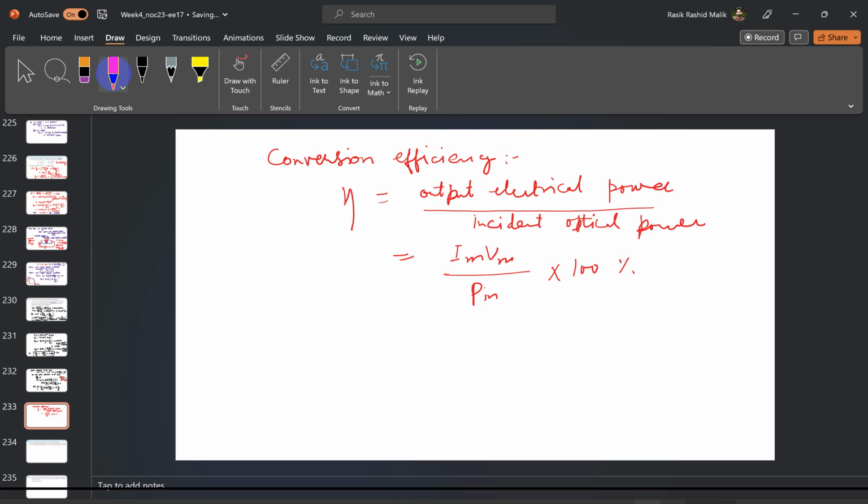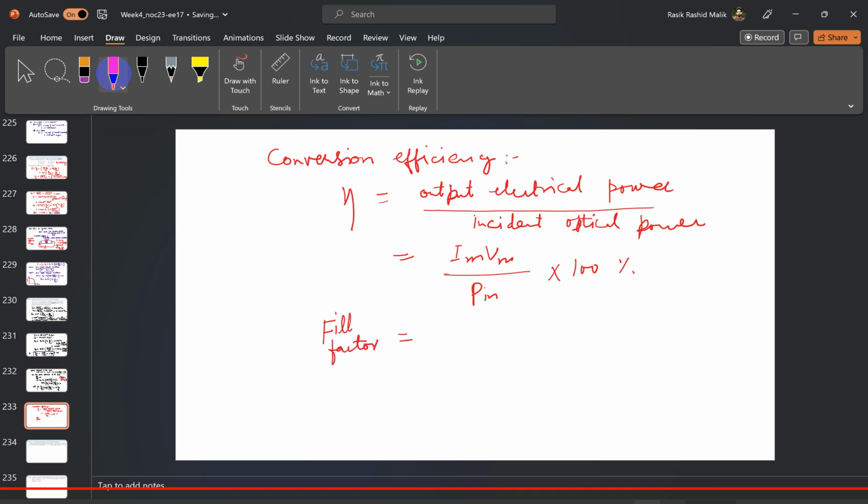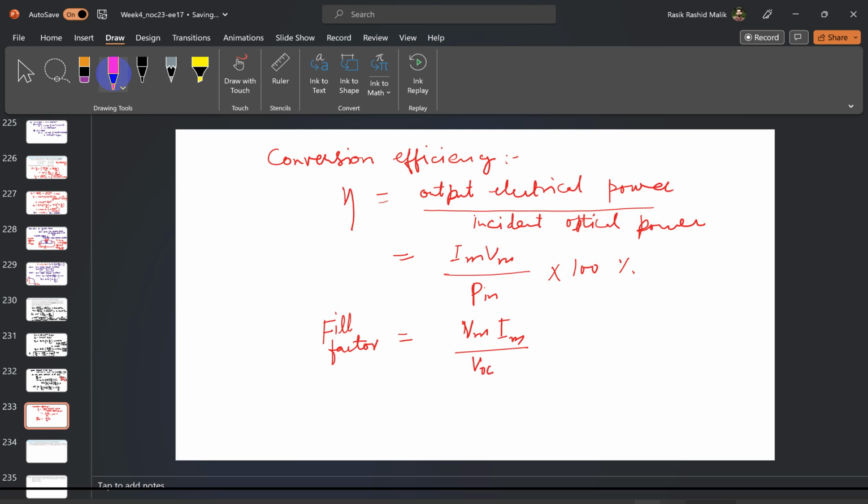Another factor is the fill factor, which is also a very important parameter of the solar cell. It is the voltage corresponding to maximum power times the current corresponding to maximum power, divided by the maximum voltage the solar cell can have, that is VOC, multiplied by ISC.